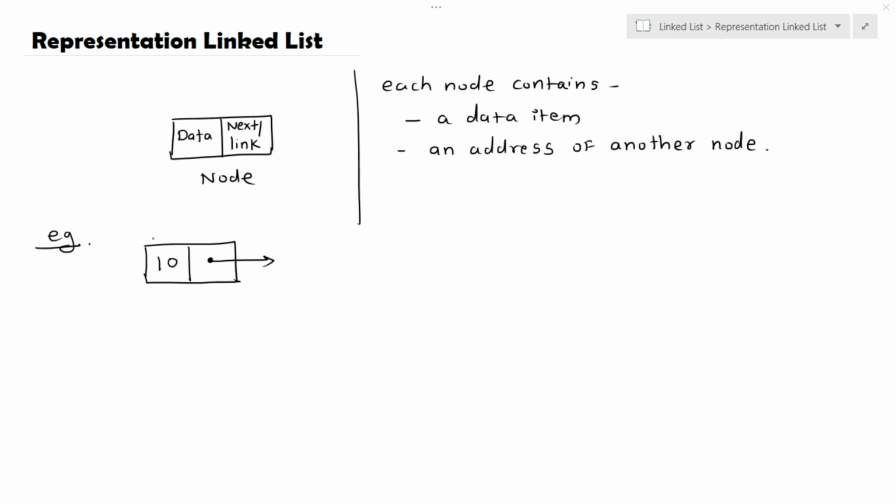The first field is called data and the second one is next, or a link to the next node, and this is a complete node in a linked list. So each node in a linked list is divided into two partitions, data and next or link, where next is a pointer variable which points to the address of the next node.